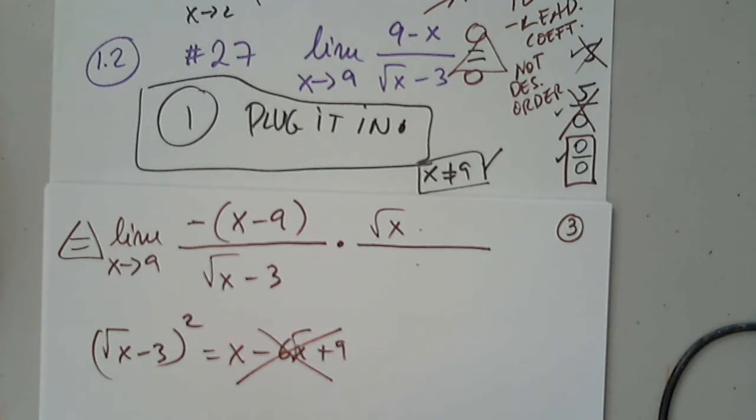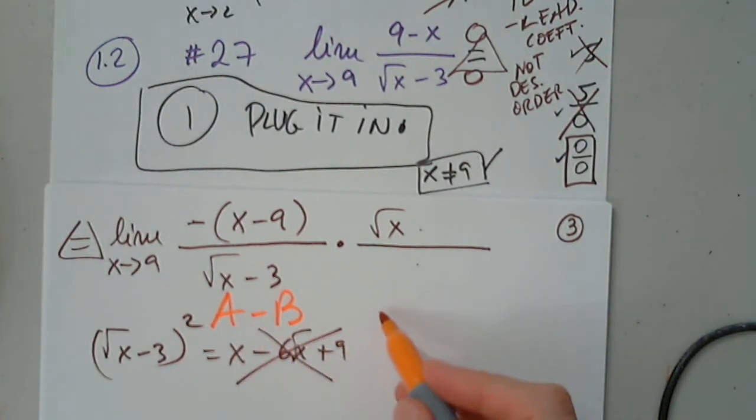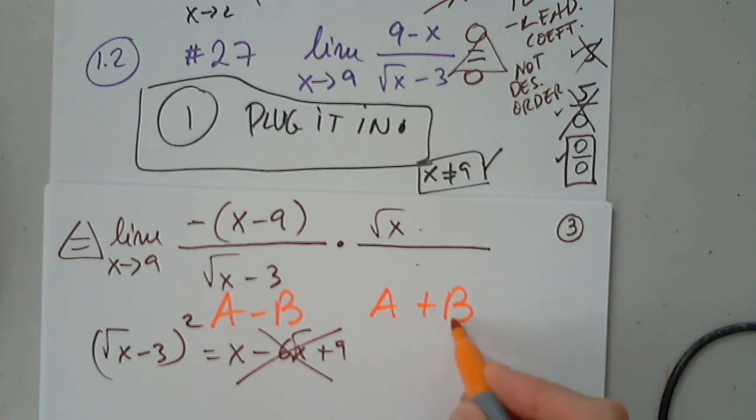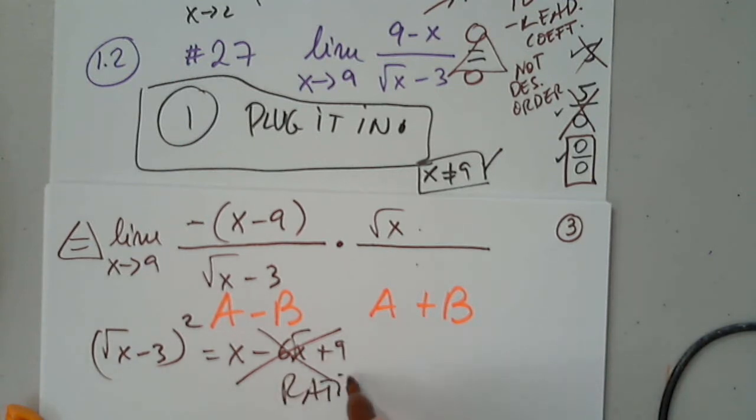We are using which formula? It's the conjugate. Are you rationalizing? Yes, of course, we rationalize the denominator in this case.